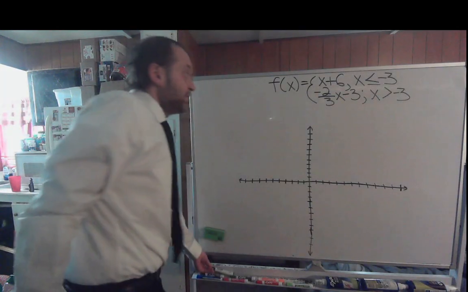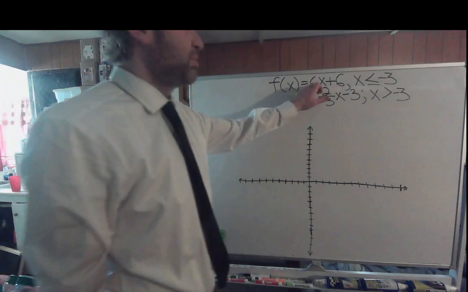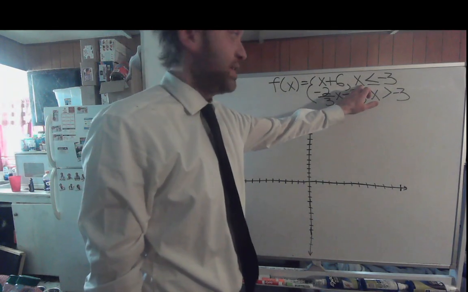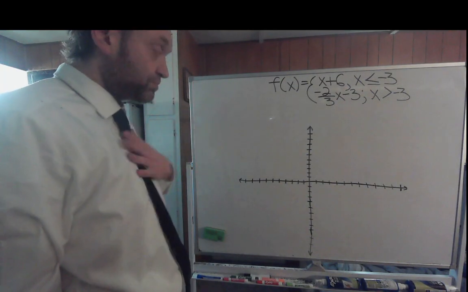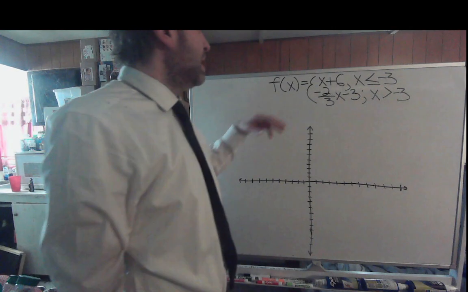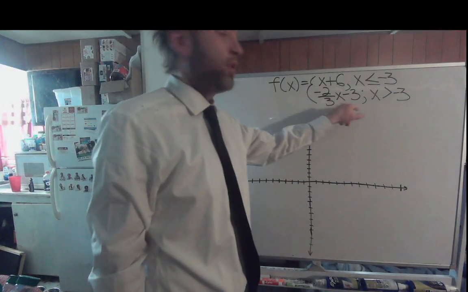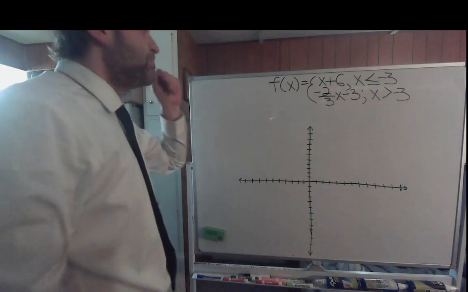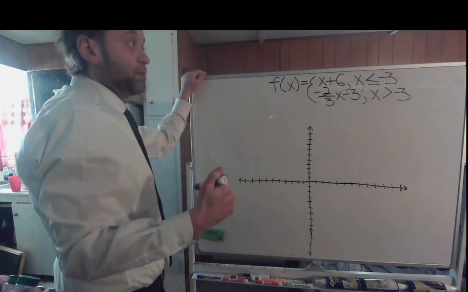So we have another piecewise function here where f of x equals x plus 6 when x is less than or equal to negative 3. And then we have f of x equals negative 2/3 x minus 3 when x is greater than negative 3. So let's start with the portion where x is less than or equal to negative 3.